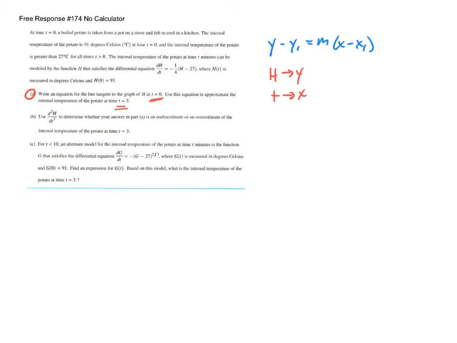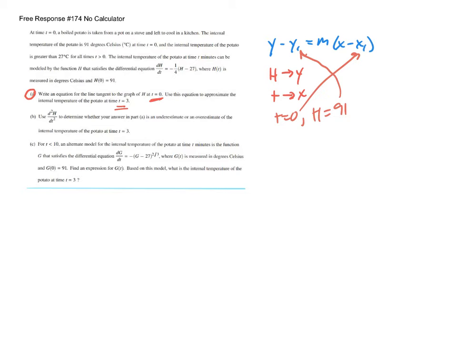And we know that when t equals 0, h equals 91. So that's our initial condition. Eventually when we fill this in, the 91 is going to go where the y1 is, and the 0 is going to go where x1 is. So that part's easy enough.